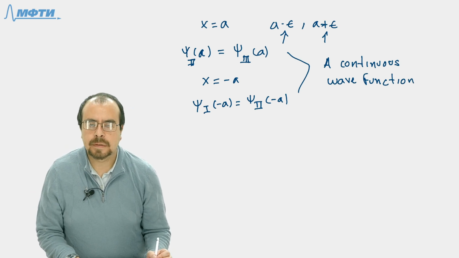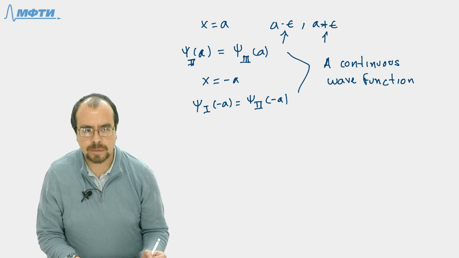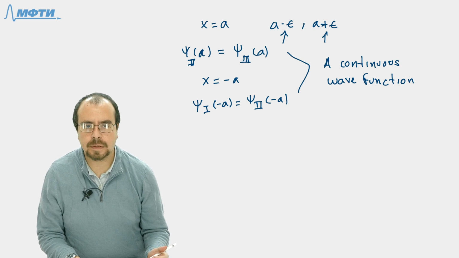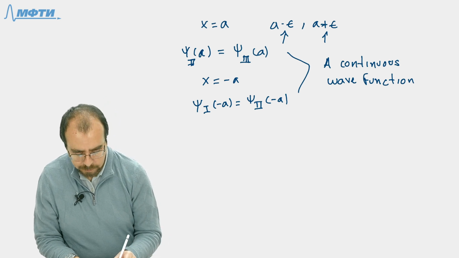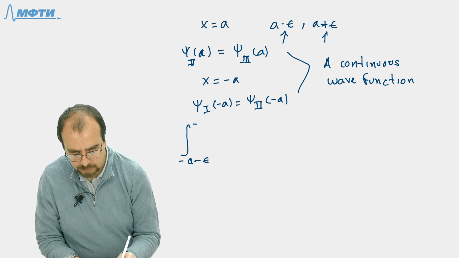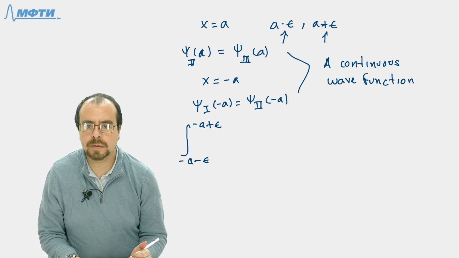And as we saw in some previous classes, if we integrate the Schrödinger equation around these borders of the regions, we can obtain a discontinuity for the derivatives. So we need to integrate from, for example, minus a minus epsilon to minus a plus epsilon in order to take into account both regions, before and after, that means regions 1 and 3.